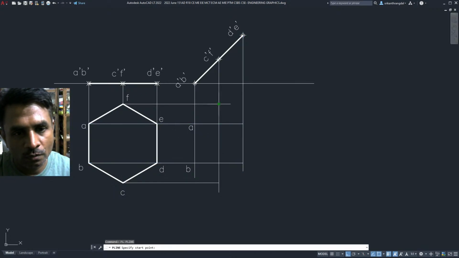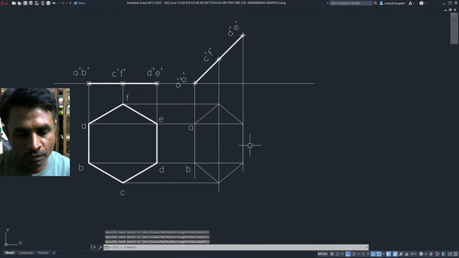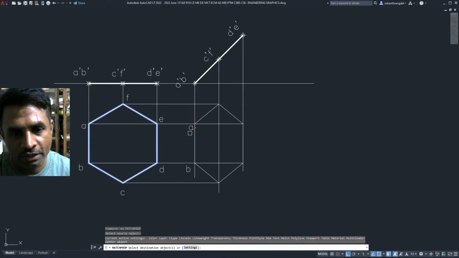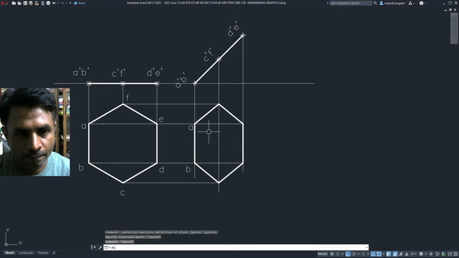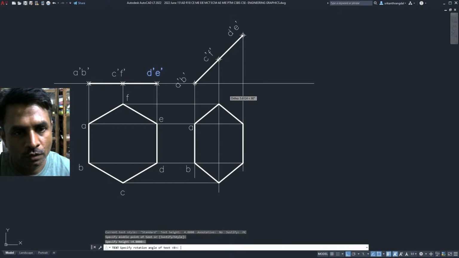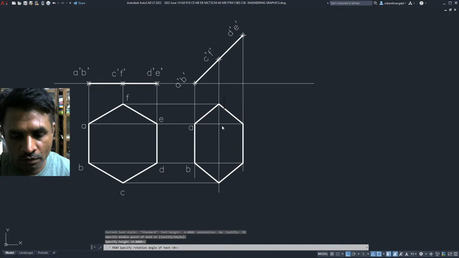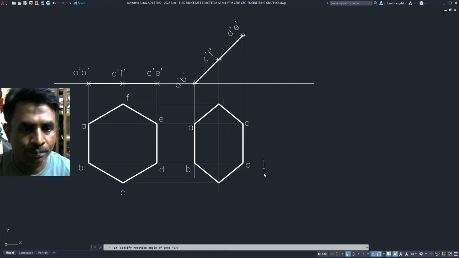So this is going to be the final. Let's make it dark. Let's put these names. So this one is going to be F. This one is going to be E. This is going to be B. This here is going to be C.